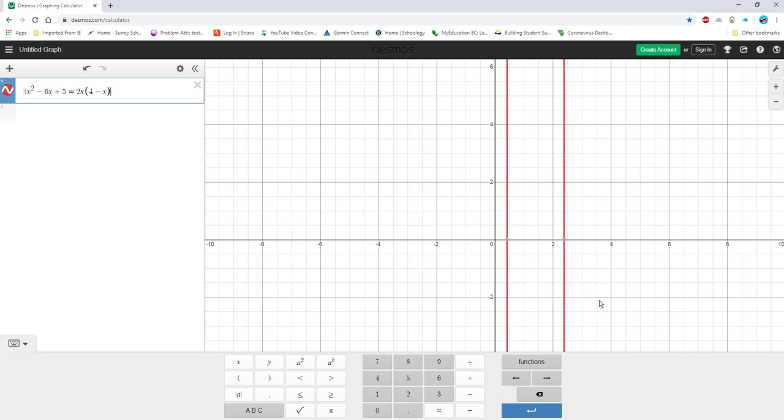So what are my zeros? What are my roots? What are my x-intercepts? They all mean the same thing, so all you do is just touch that. My x value is what looks like 0.42, and notice my y value is 0. That's why it's called a zero. We want the y to equal 0, but what x value makes that happen? Well, in this case it's 0.42, and then the other one is 2.38.